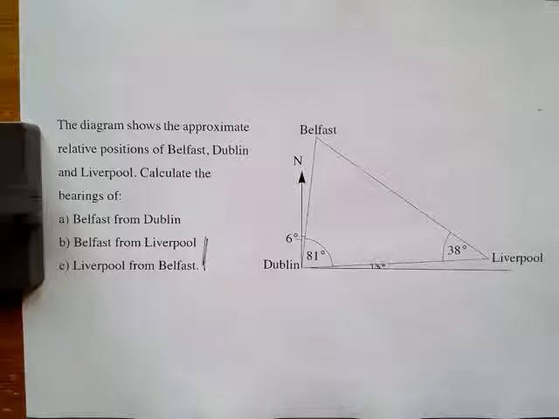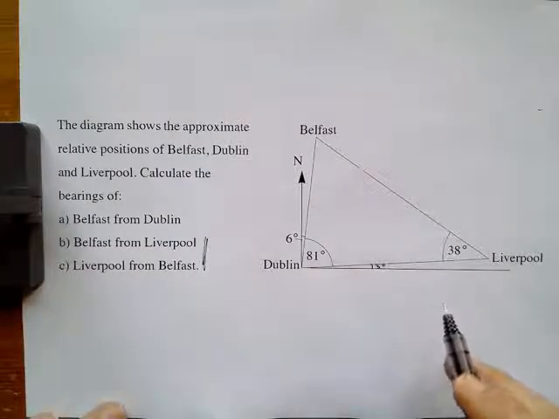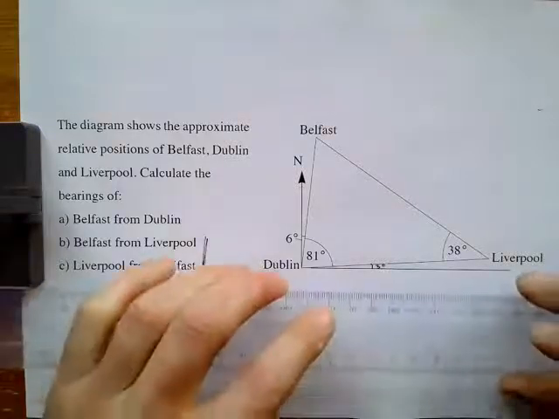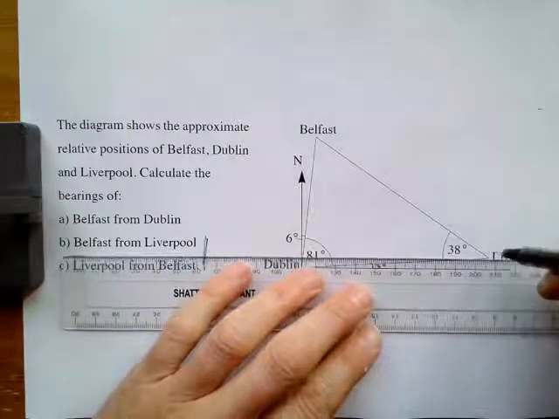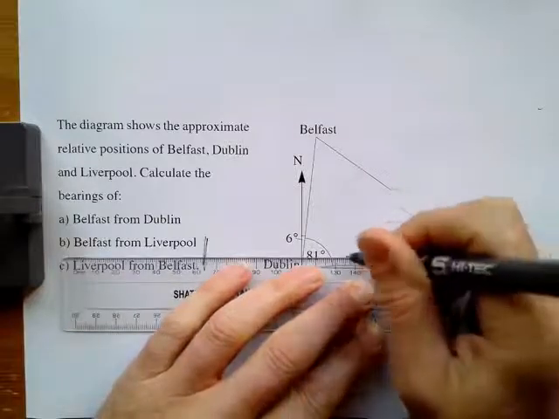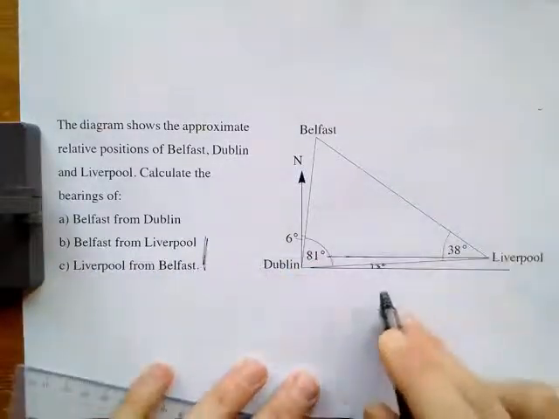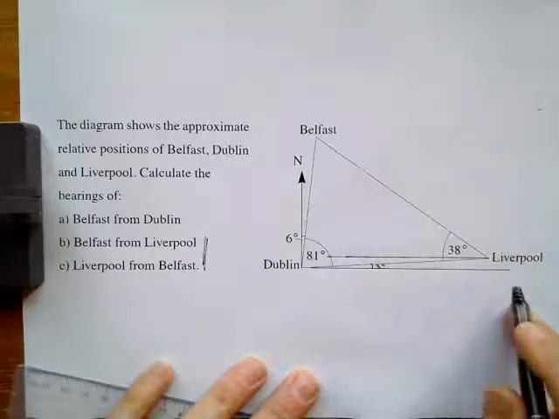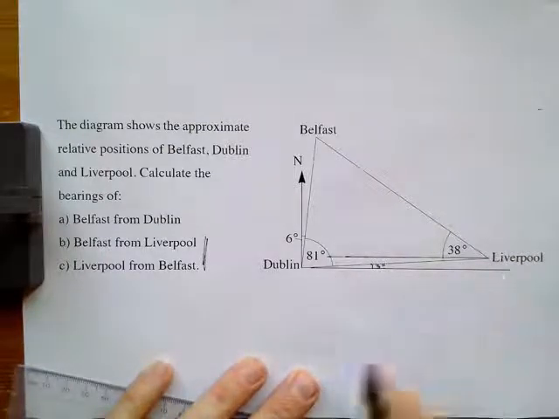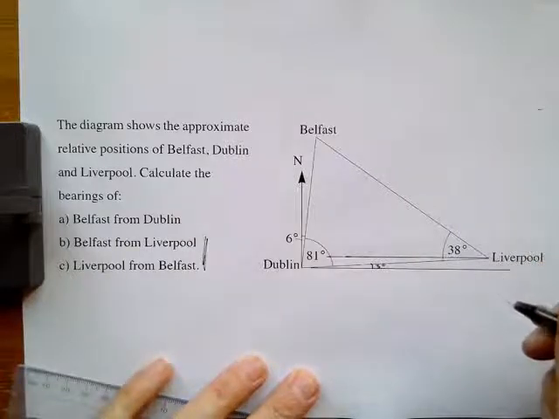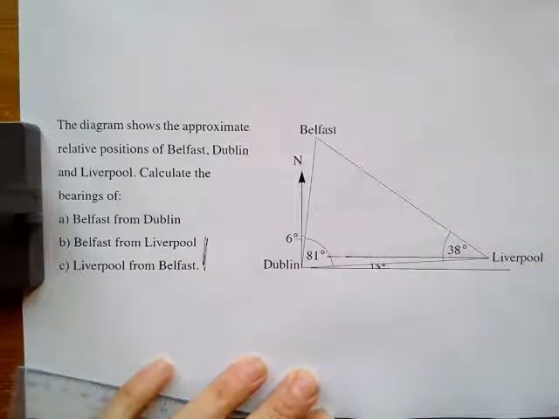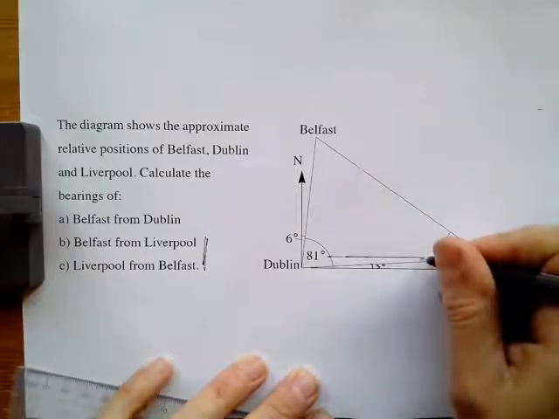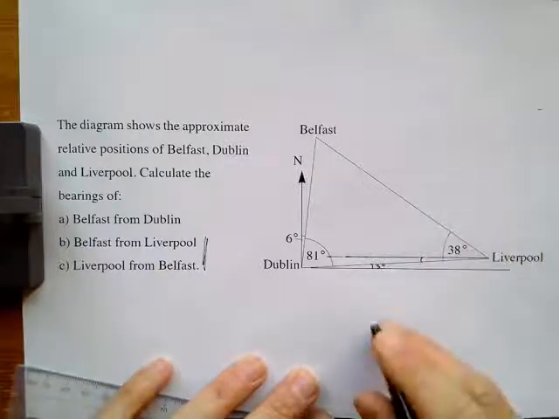So, how do I proceed? Well, a few lessons ago, Monday I think it was, we did a lesson on parallel lines. And if I draw on a line from Liverpool going across here like so, that is parallel to this line here, then I make a kind of a squashed Z shape, a very squashed Z. And because of the rules of angles and parallel lines, I know that this angle here must be the same as this angle here.